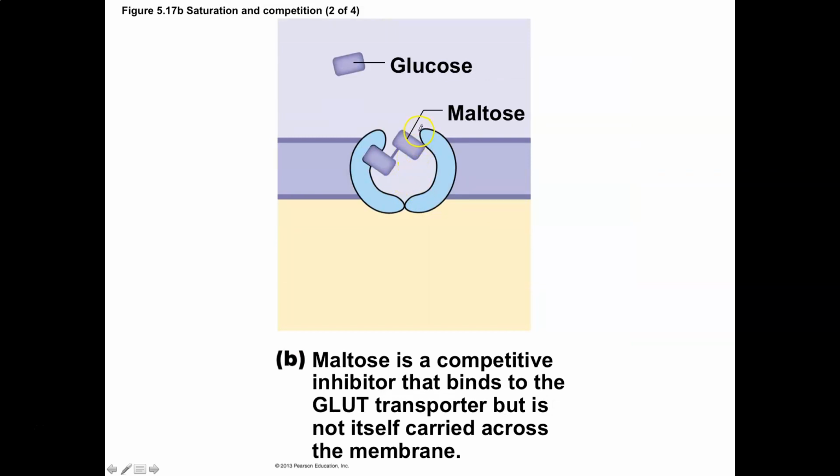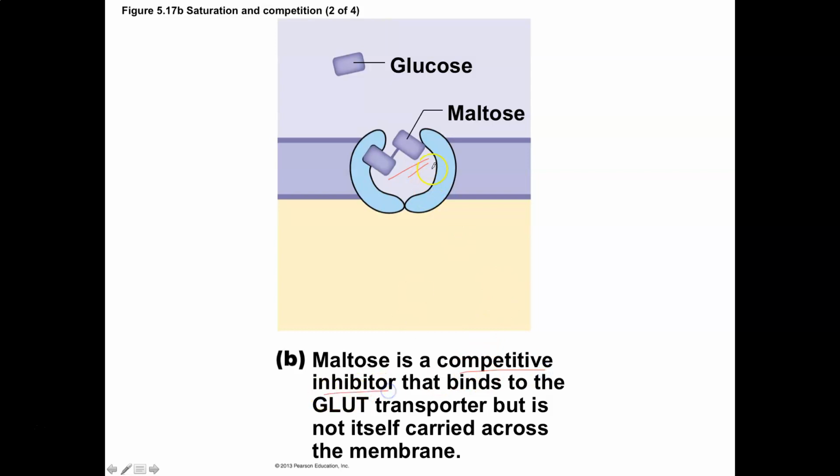So in this example here, maltose, which is a disaccharide, when it tries to bind into the carrier protein, it's not able to move across the plasma membrane because there's specificity to this particular carrier protein. Instead, what we end up having is competition. Maltose acts as a competitive inhibitor.